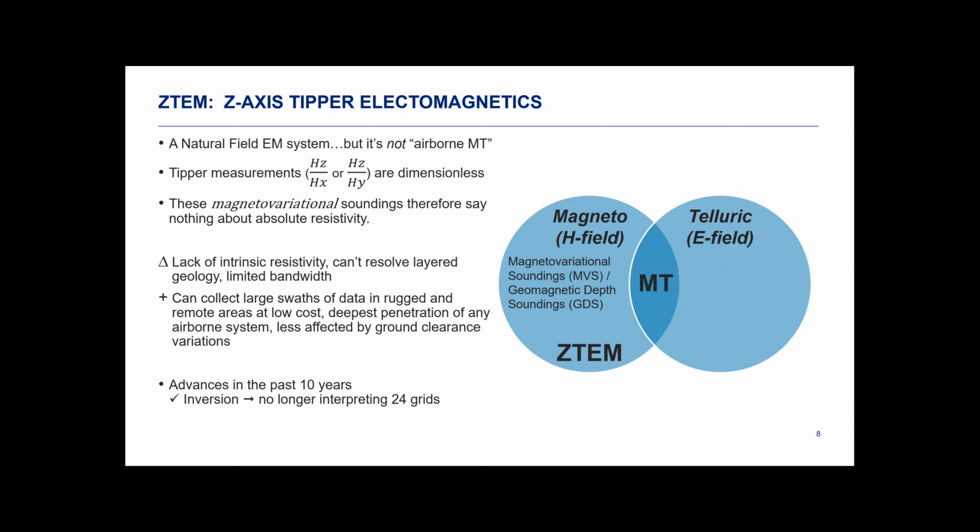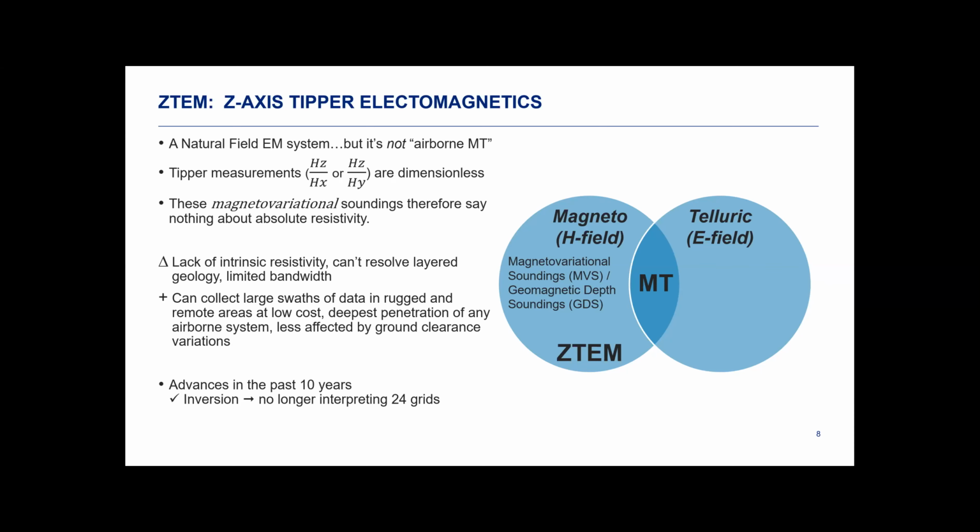Rugged terrain is important because there's no active source. In a rugged terrain, if the helicopter cannot maintain a constant drape, it doesn't really matter as much because we don't suffer from the same detrimental fall off of the field as you would in an active source helicopter survey.